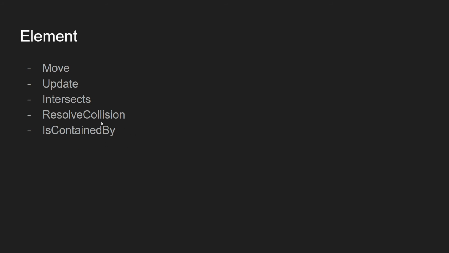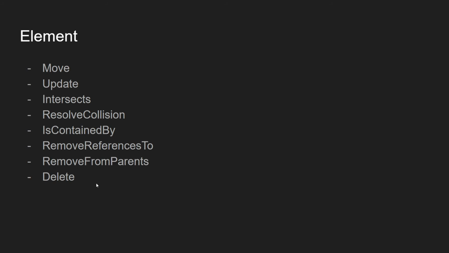And then is contained by, which will be used by the node class to know if an element belongs in a given node. We have remove references to and remove from parents, which are just some interdependency with the node class. Those two aren't very important. And then delete, which will happen when a dynamic is deleted. It's despawned, and so we no longer need its hitbox. We'll remove it from the tree completely.